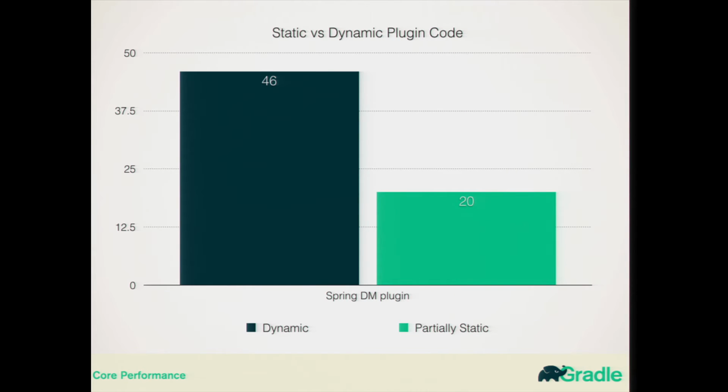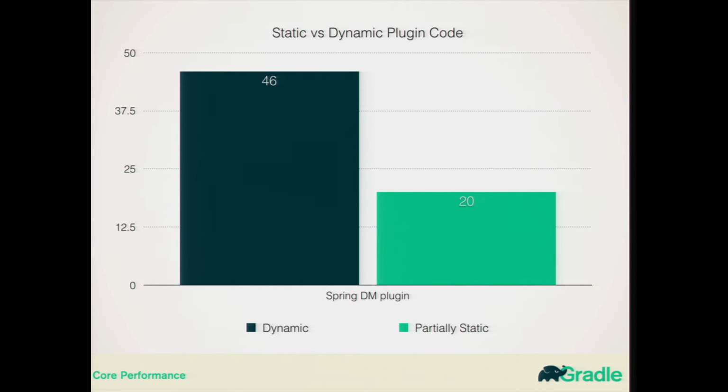Okay, so we talked about how important it is for us to have statically compiled build logic, right? Here's an example with the Spring Dependency Management plugin. We provided a pull request to the Spring team, refactoring from dynamic plugin code to static plugin code, and in some areas we got the time it takes for one of our test builds to apply that plugin down from 46 seconds to 20 seconds.